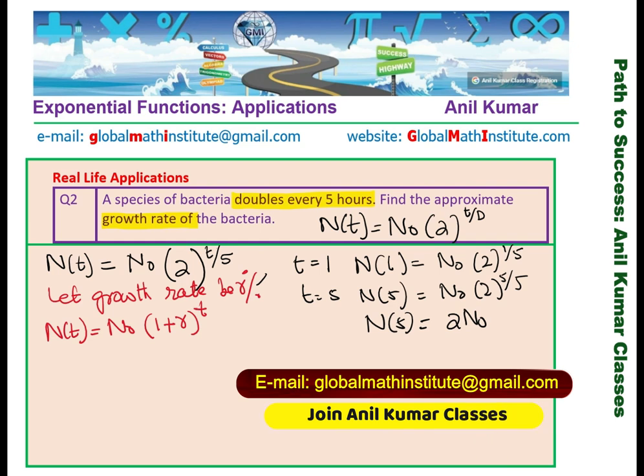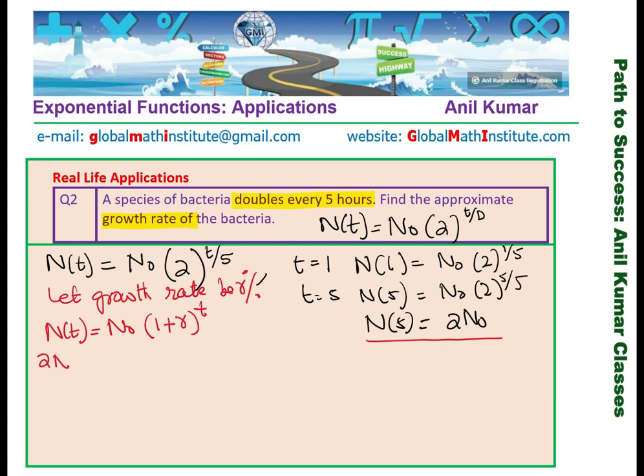Now we know if t equals 5, then n of t is 2n0. So we can write this as 2n0 equals n0 times (1 plus r) to the power of 5.